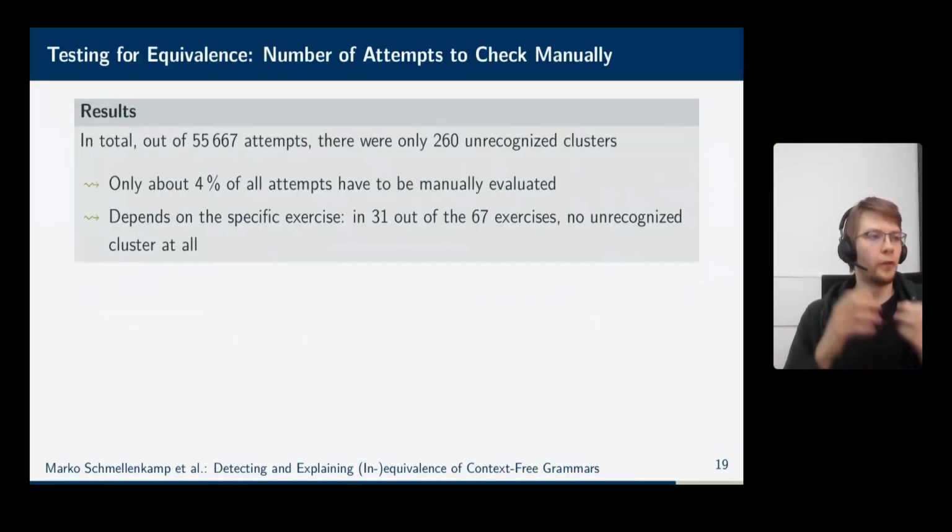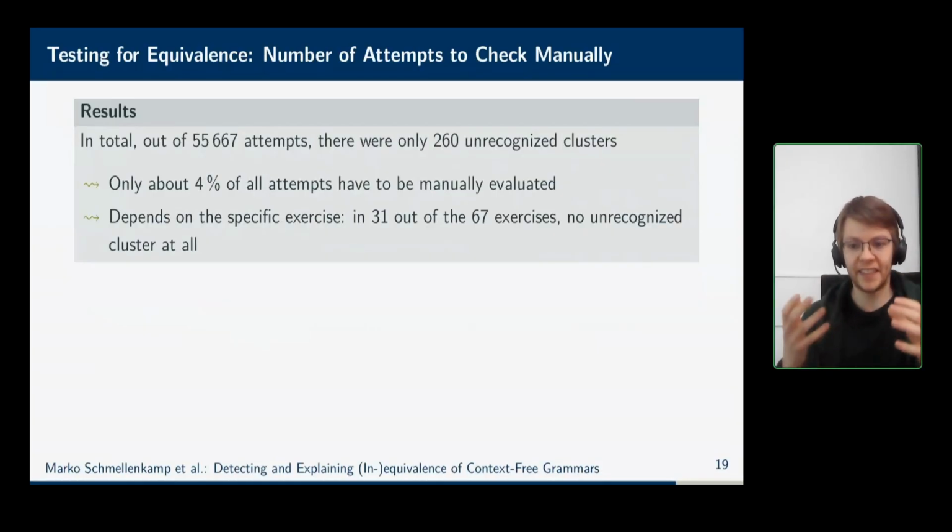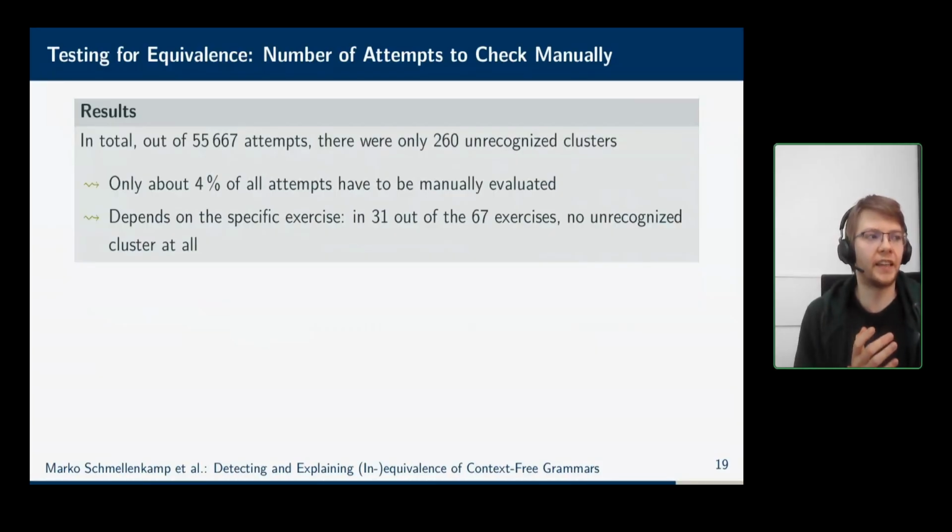For these 55,000 attempts, we only had to look at 260 single clusters, that is 260 attempts, about 4%. And in many exercises, we didn't have any attempts that our system couldn't evaluate on its own.